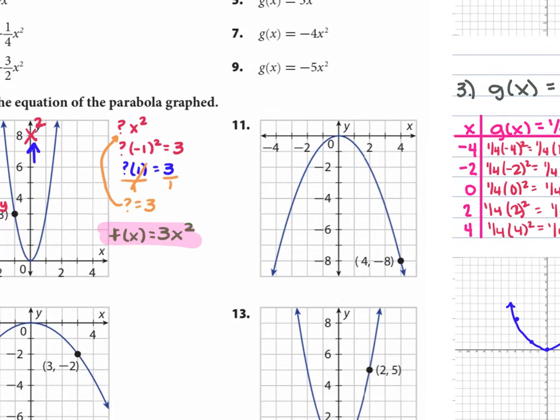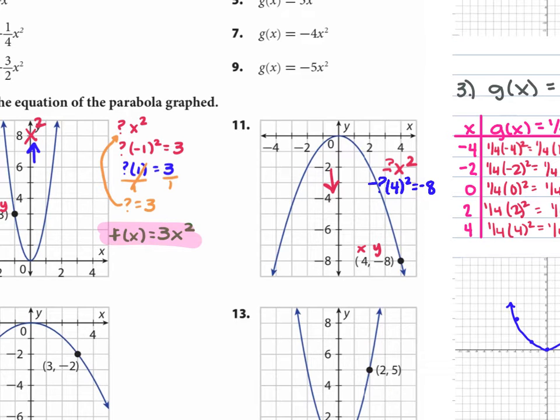For 11, our parabola is opening down, so this is going to be a negative x squared. So we're going to have a negative something times x squared. So our x is 4, our y is negative 8. So this is going to be a negative something times 4 squared is equal to negative 8.